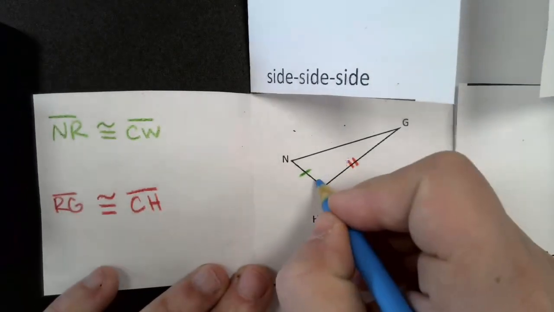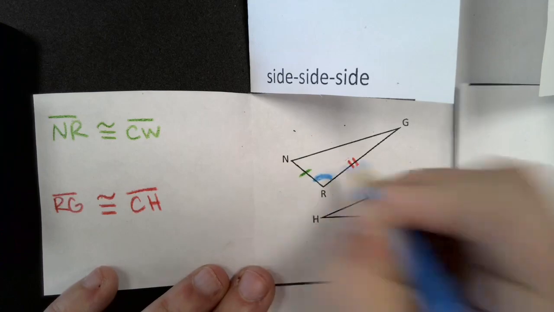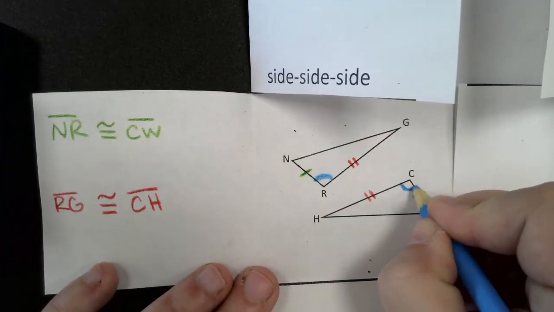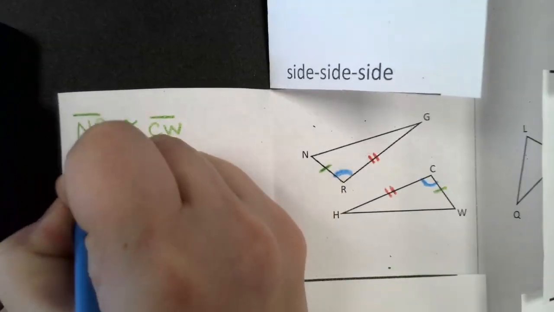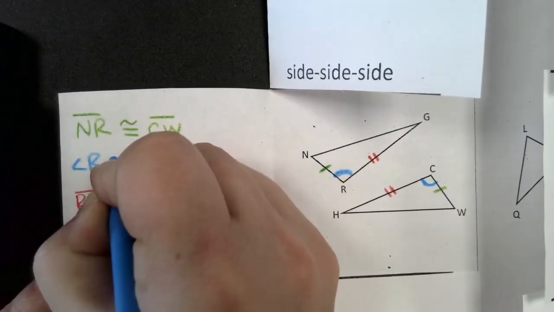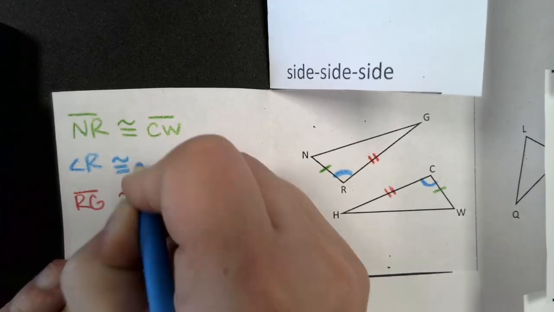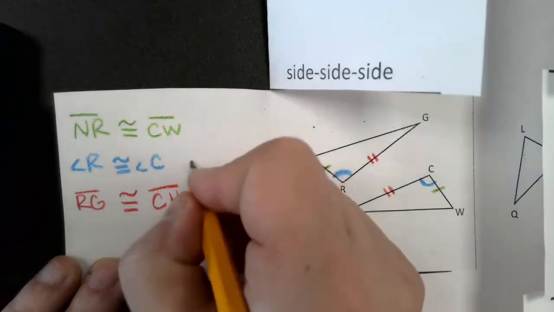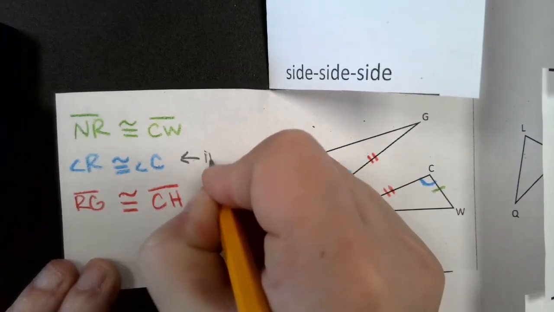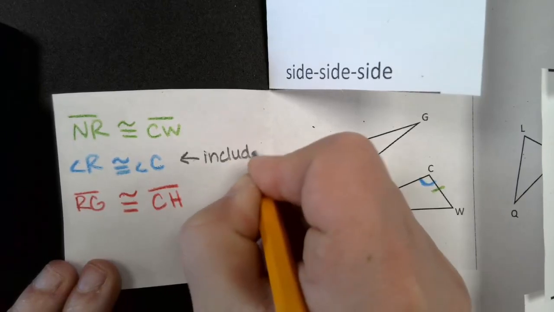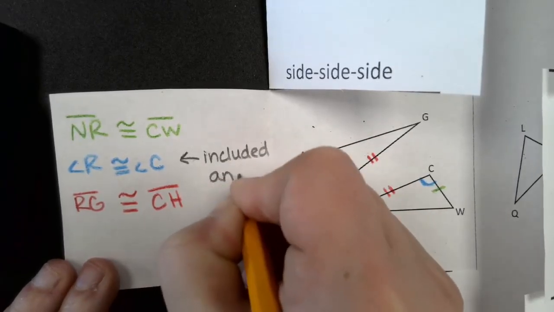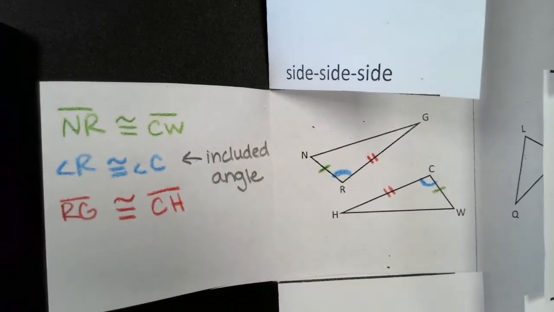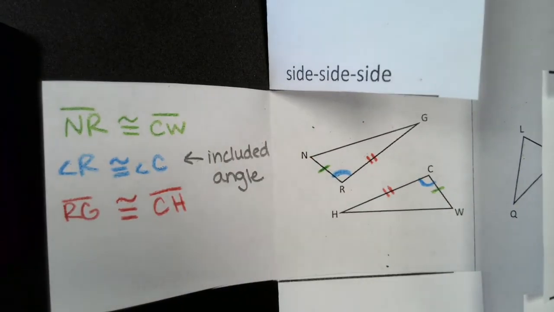Yeah, angle R. So angle R is going to be congruent to angle C. We're going to put that in the middle here because it's called the included angle. So it's right in between where those two sides come together. It's the included angle.